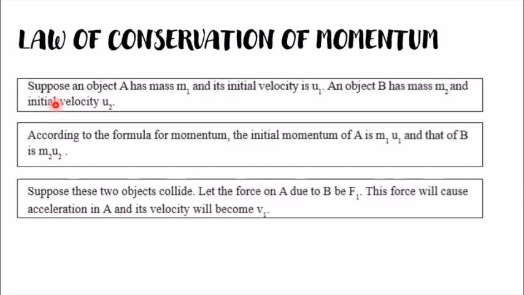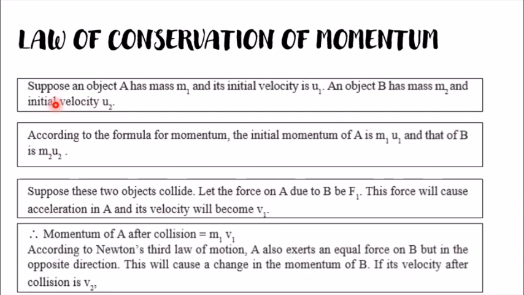Now suppose the two objects collide with each other. So the momentum of A after collision will be equal to m1 into v1. Now how is it equal to m1 into v1? As we have already learned, P is equal to m into v, that is mass into velocity. So here momentum of object A is equal to m1 into v1.